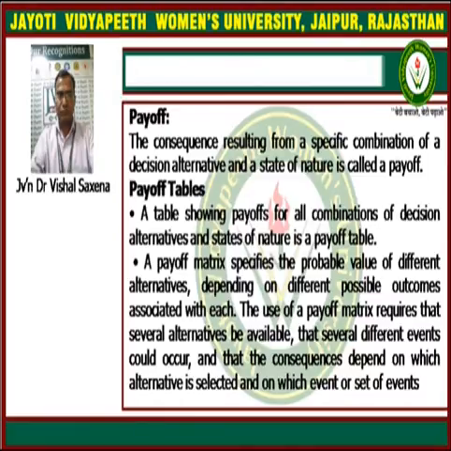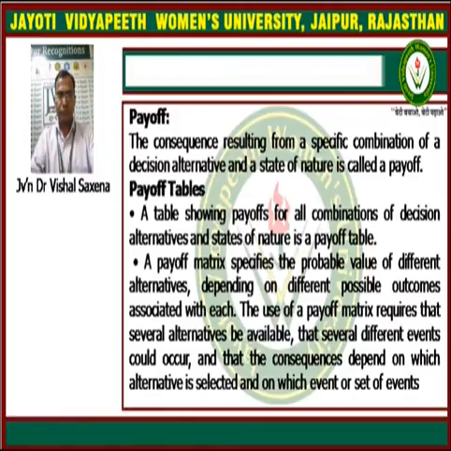While the payoff table can be taken as a matrix which shows the payoffs for all the combinations of decision alternatives and states of nature. So if a table shows all the payoffs for all the combinations of decision alternatives and states of nature, then it is called a payoff table.